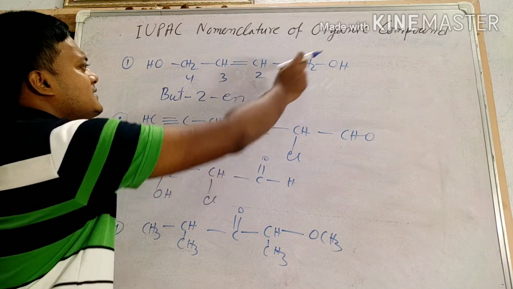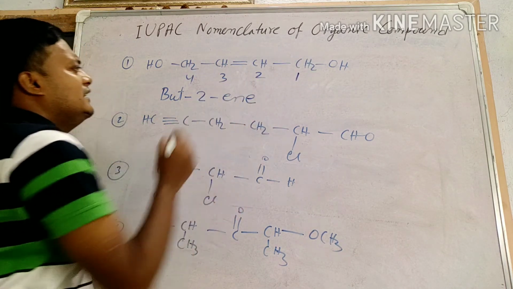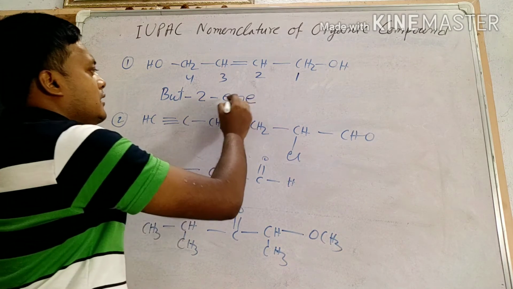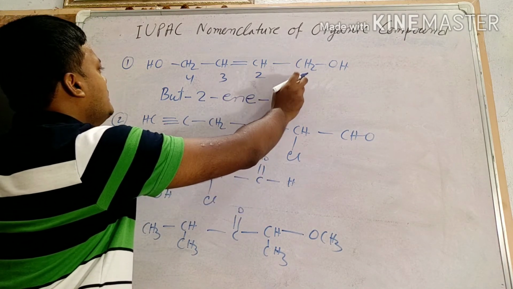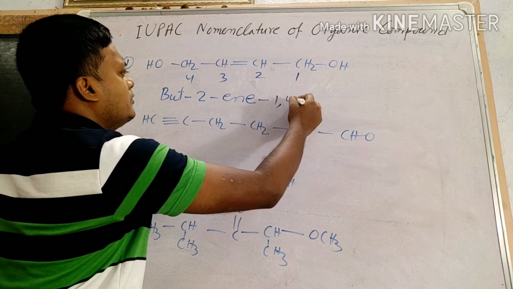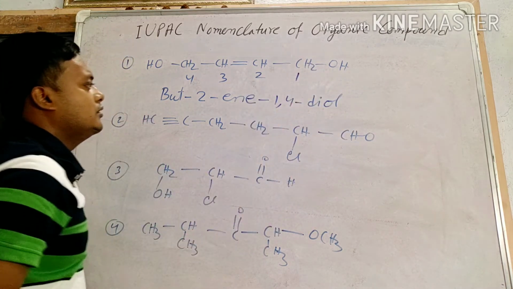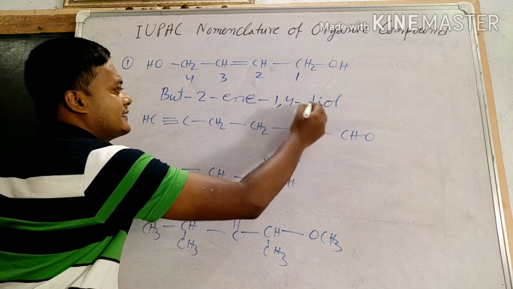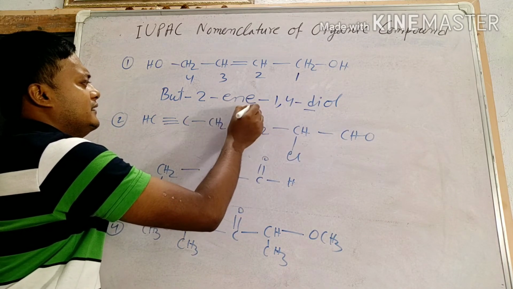Now in this case 2 OH groups are there, so it will be 'e' retained: 1 OH and the 4th also OH, so 1,4-diol. As the 'd' is there, the 'e' stays in 'ene'.